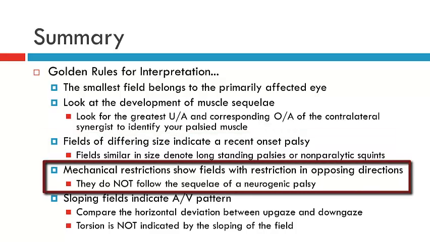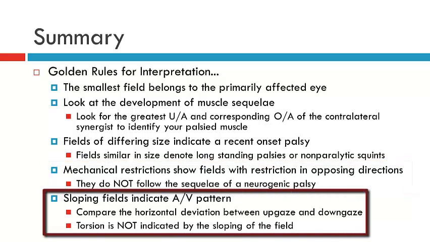If you have any narrowing fields and limitations in opposing directions, this is an indication that you have a mechanical restriction. So where you don't have a deviation that is following the sequelae of a neurogenic palsy, you have a mechanical restriction. And finally, remember, sloping fields are an indication of A and V patterns and do not represent torsion.